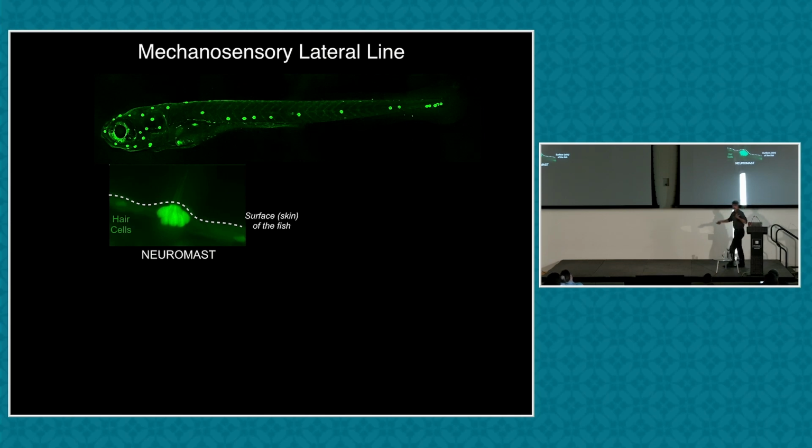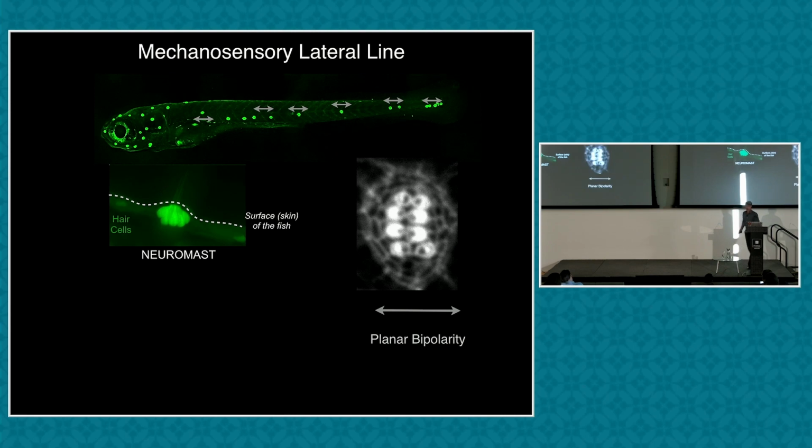Now, these hair cells project from the body of the animal, so they're in direct contact with water, and so water movement will mechanically stimulate these cells. Now, these cells come in two flavors within each organ. Half of them, if you look at the apical domain of these cells, will have a projection, that is the mechanical apparatus, that forms this horseshoe-shaped structure pointing in one direction.